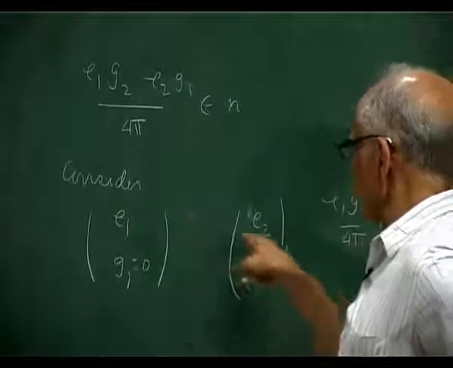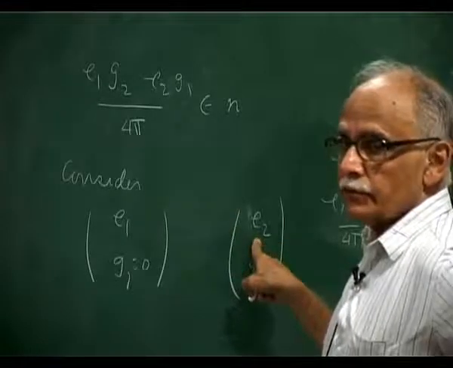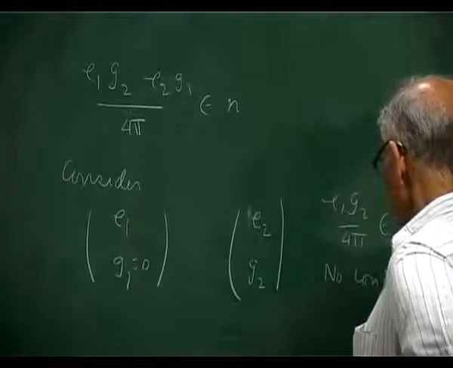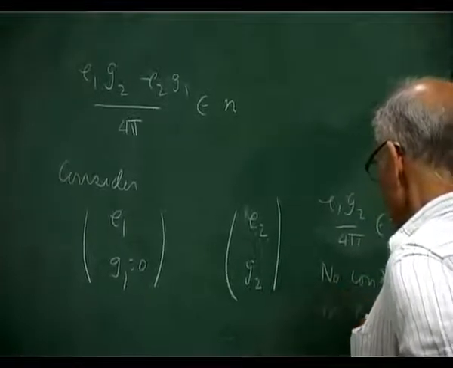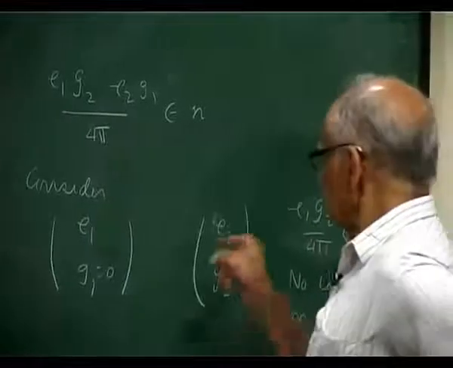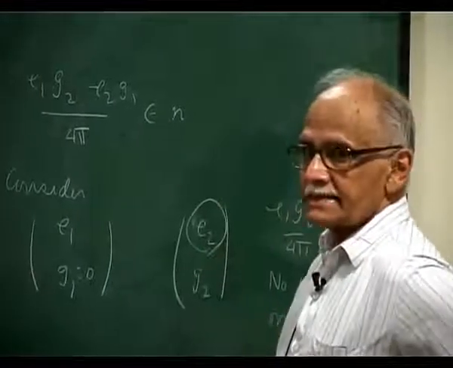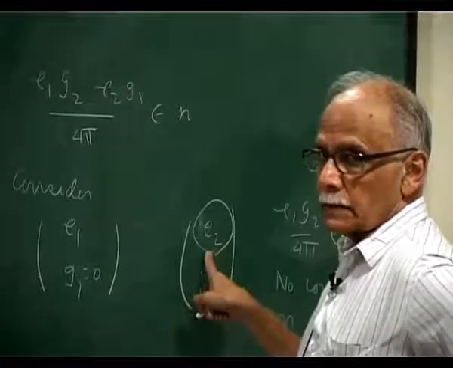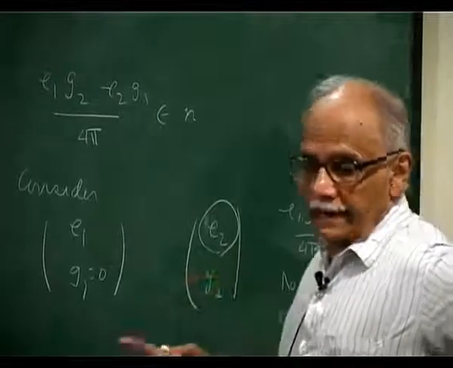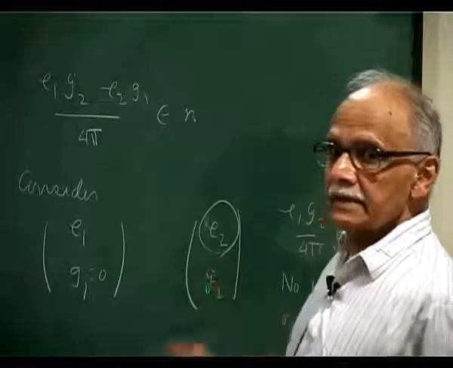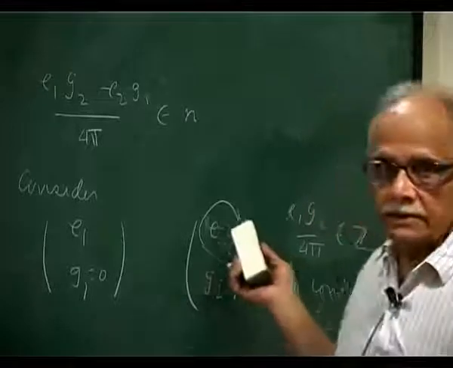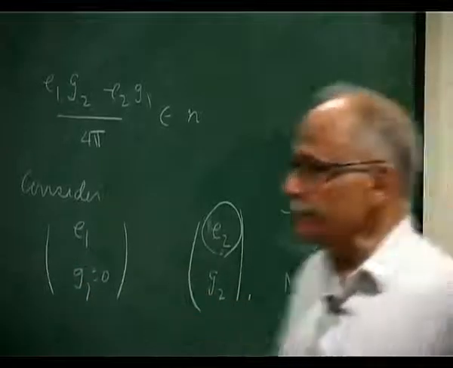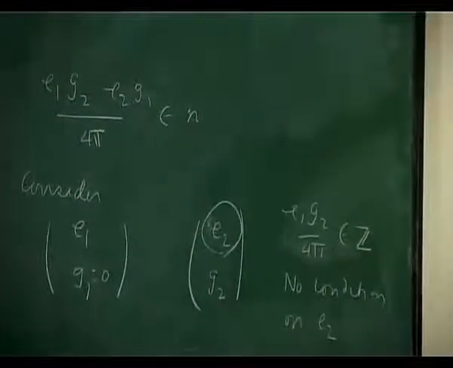It does not say anything about E2, right? No condition on E2 at all. In this case, it is completely unrestrained. Now what Witten did was to notice that this charge here is not restricted at all for dyons. Then he considered what happens if I now do something different.